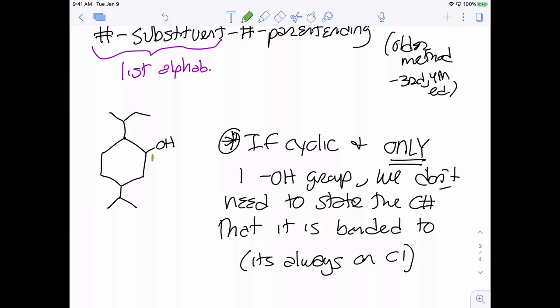If I do that, I have a substituent on 2 and 5. If I went clockwise, I would have a substituent on carbon 3 and 6. Oops, I actually said that wrong, didn't I? 2 and 5. If I went the other way, it would be 3 and 6, not 3 and 5. Lowest numbers, though.